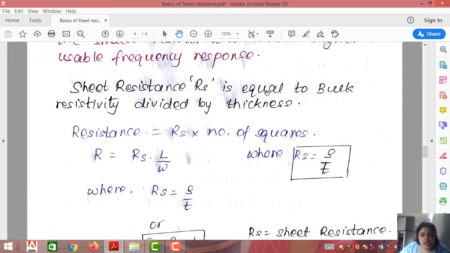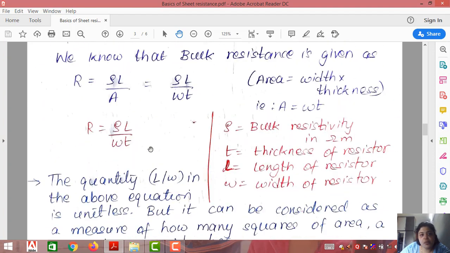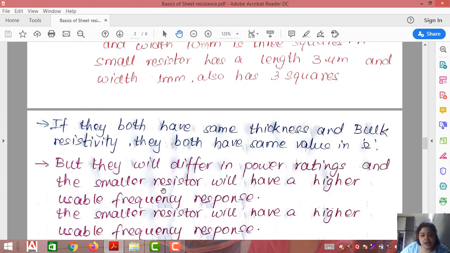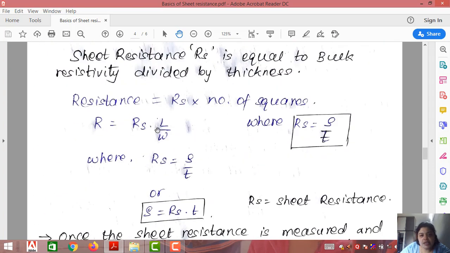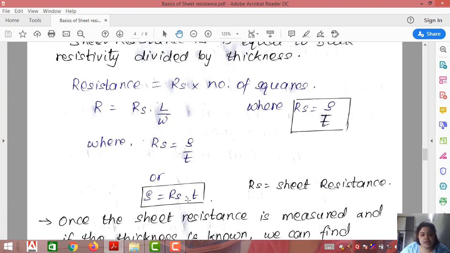Sheet resistance is equal to the bulk resistivity divided by thickness. In the above equation, we defined L by W as a unitless quantity. We just separate L by W. The other term remaining in the equation, once L upon W is separated, is rho by T. So we can write R as rho upon T times L upon W, and this quantity rho upon T is denoted as RS, which is known as sheet resistance.